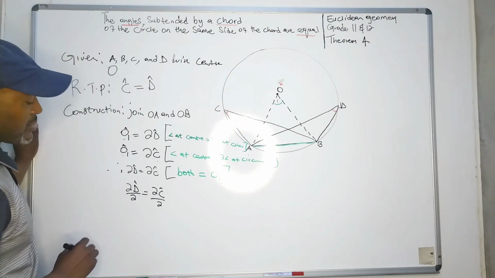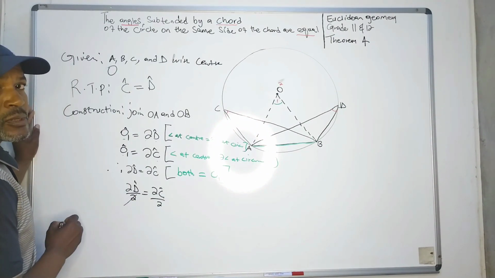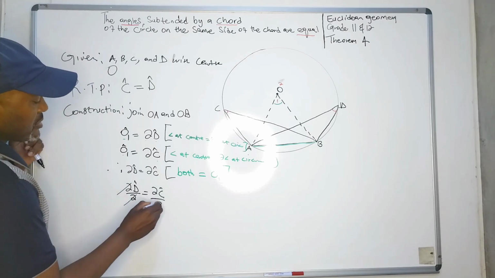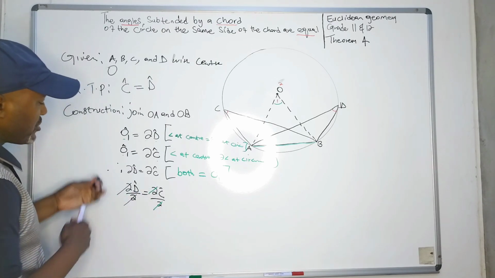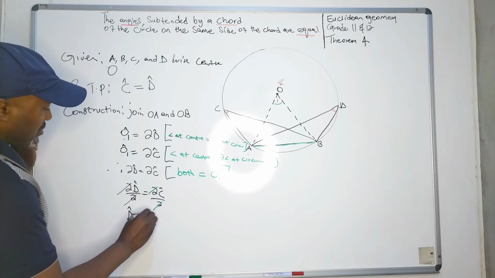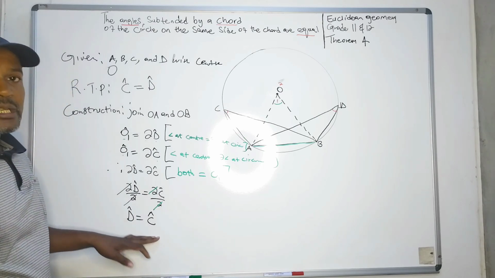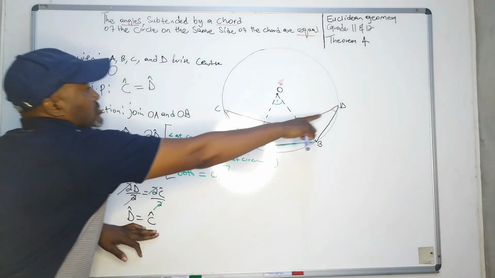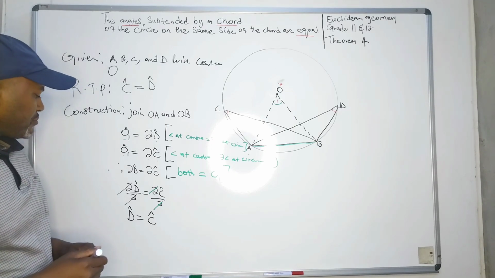Then 2 will cancel 2, and again this 2 will cancel that 2. So we will remain with D is equal to C. Right? Proved. You can see that we are at the end of the story here, because you were required to prove that C is equal to D, and that's it. So for now, we are done.